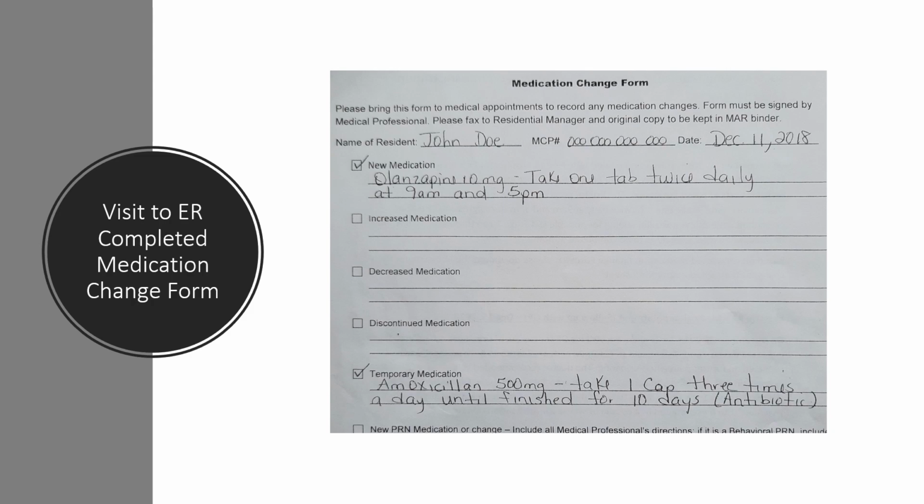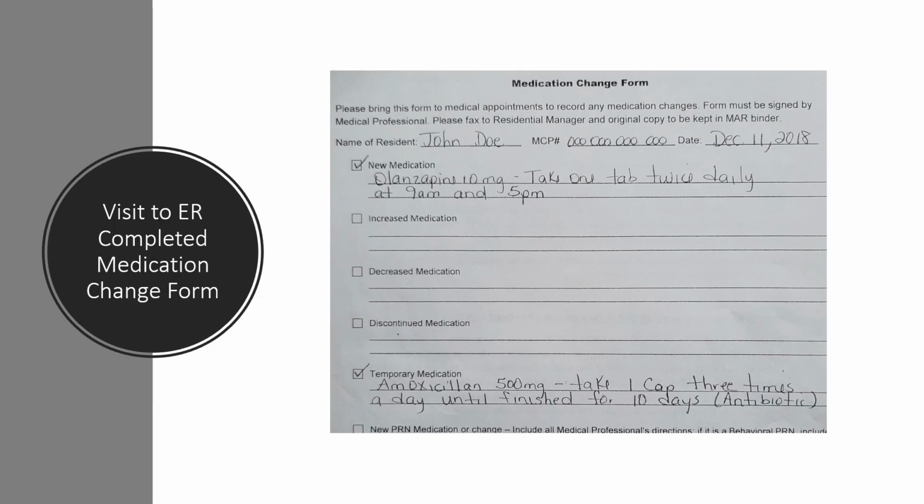Please note the new medication section is checked, as he was prescribed a new medication at this appointment of olanzapine 10 milligrams. Take 1 tab twice daily at 9 a.m. and 5 p.m. Note the temporary med section was also checked. Amoxicillin 500 milligrams, take 1 cap 3 times a day until finished for 10 days.